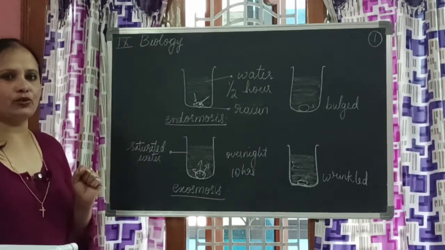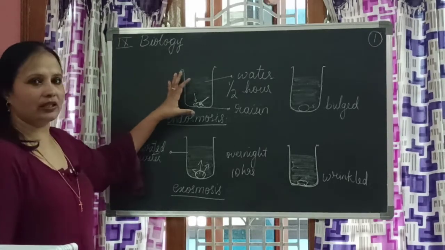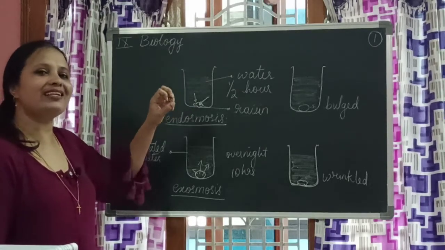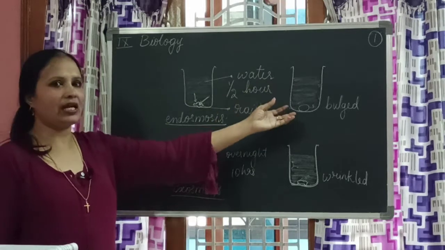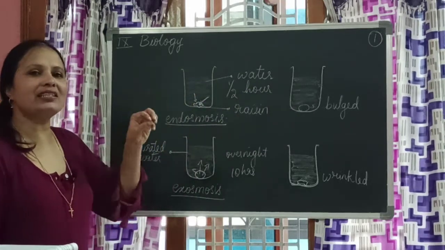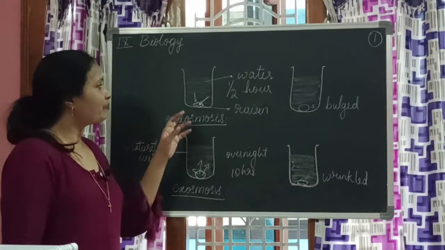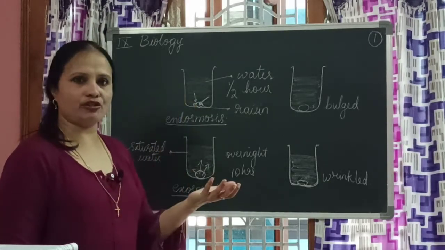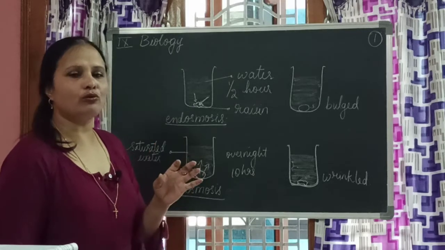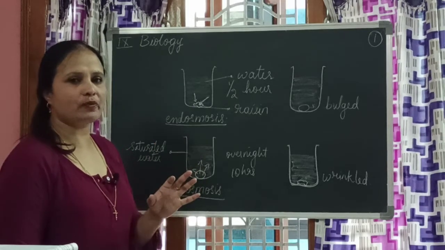How are they related to water? In the first beaker, when the wrinkled raisin is rising and becoming bulged, it is because the raisin has a little amount of water, low concentration of water, while the beaker has more concentration of water. And as per the rule of osmosis, what does the osmosis principle tell?